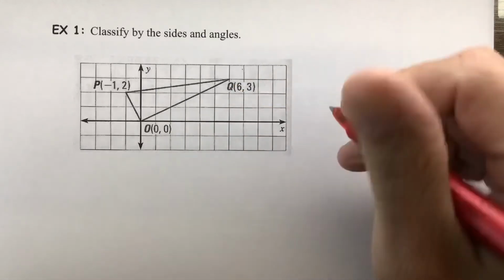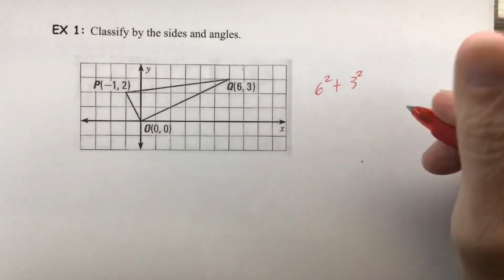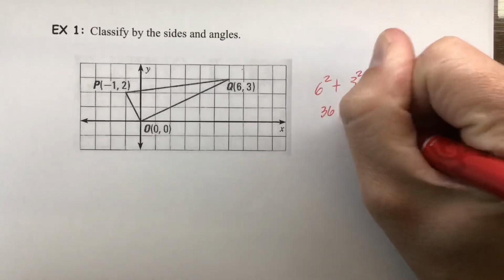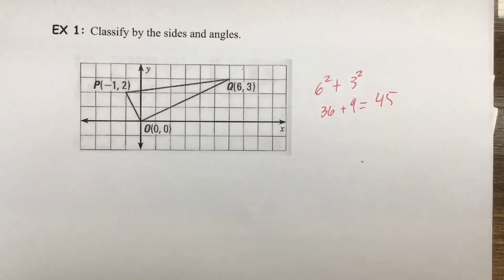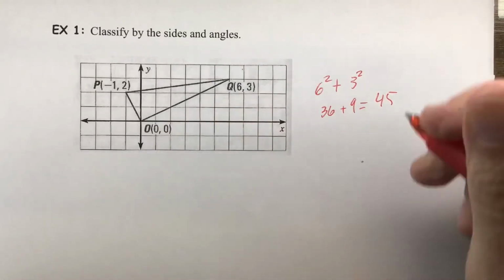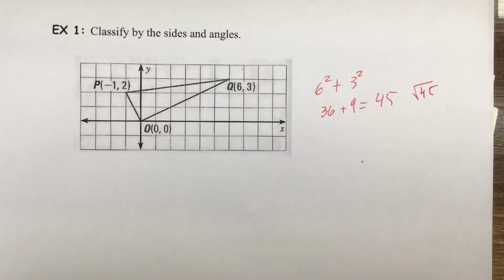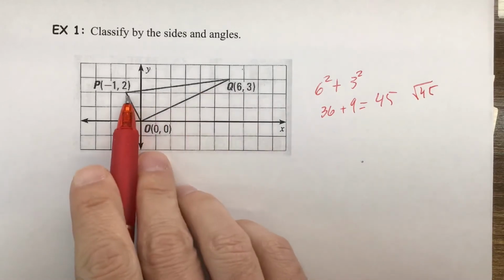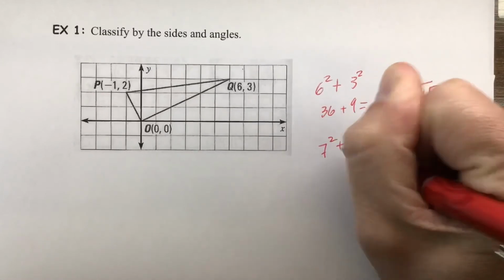All right, so off to the side here, I'm going to take a look at 6 squared plus 3 squared, which is going to be 36 plus 9, which will give us 45. So then the length of that would be the square root of 45, but I'm going to hold off there and not really calculate it. From P to Q, the horizontal change is going to be 1 and then 6, which gives us 7, so we'll have 7 squared.